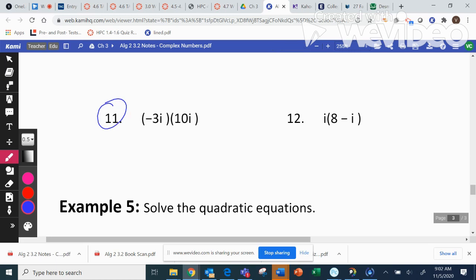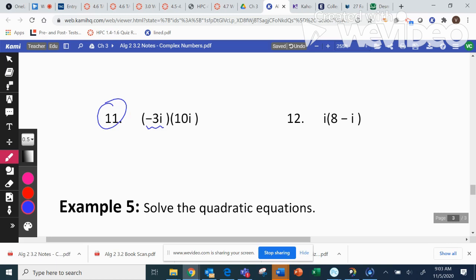How many terms is negative 3i? How many terms? Yell it out. Terms are separated by plus and minus signs. So how many terms do we have here? Nobody knows? 1.